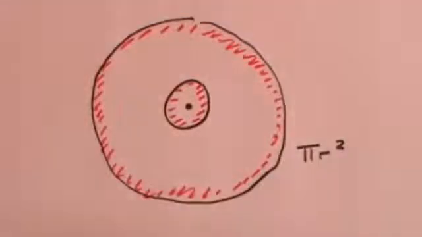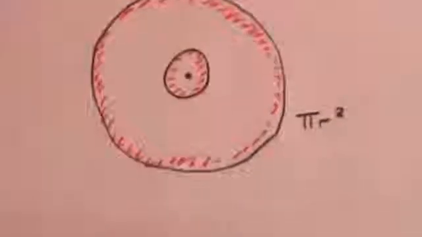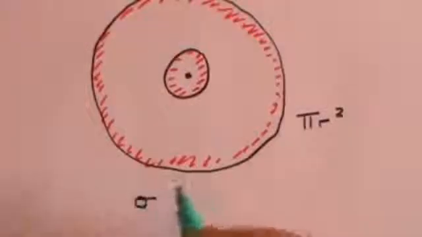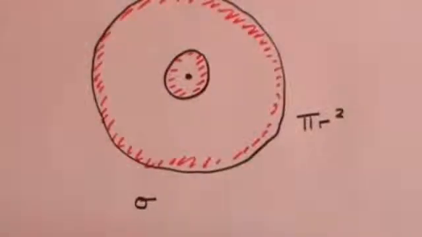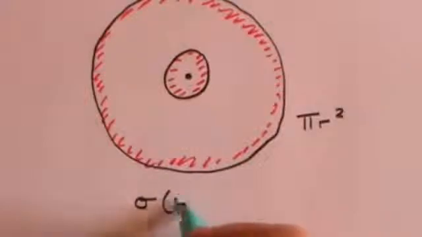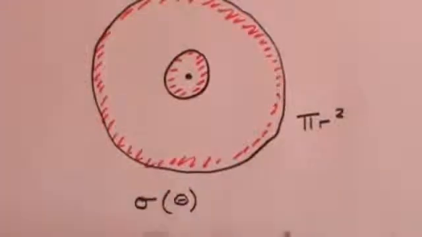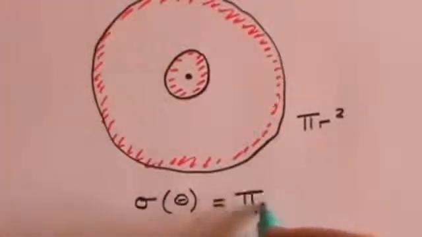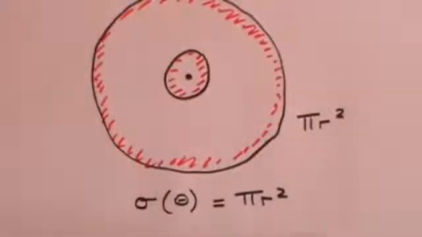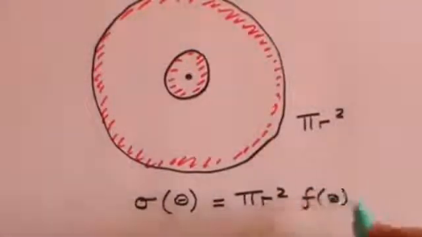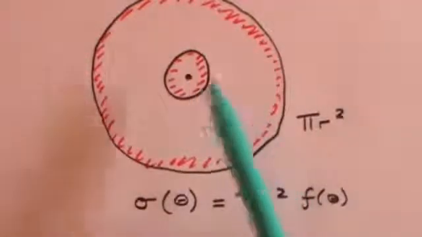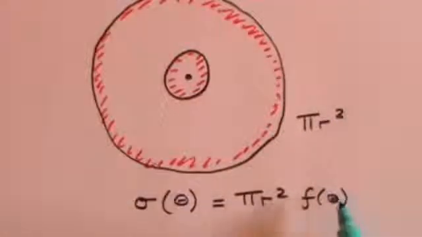And so what we can say is that the cross-section, which is given the label sigma, for a particular angle will be equal to the area that you are to hit multiplied by some function of that angle. So the idea is that the greater r is, the smaller the angle will be through which you are deflected.